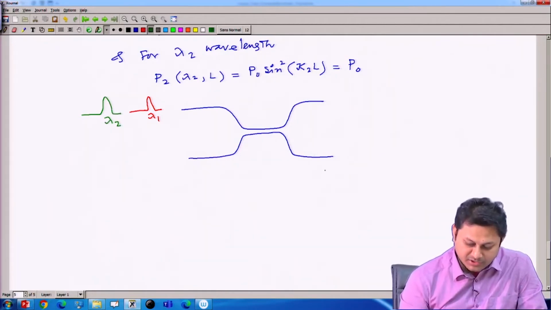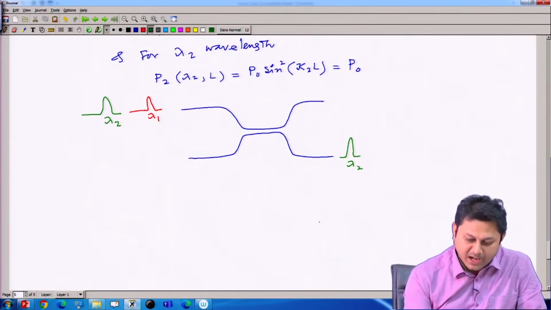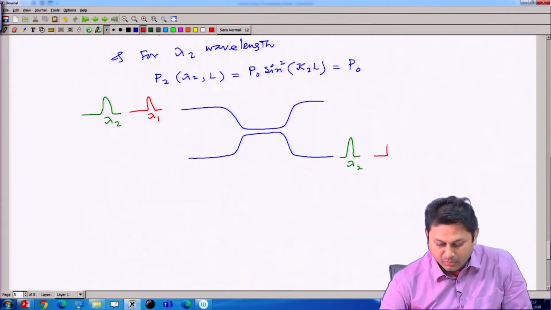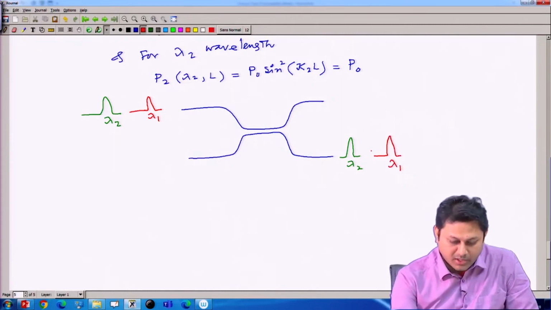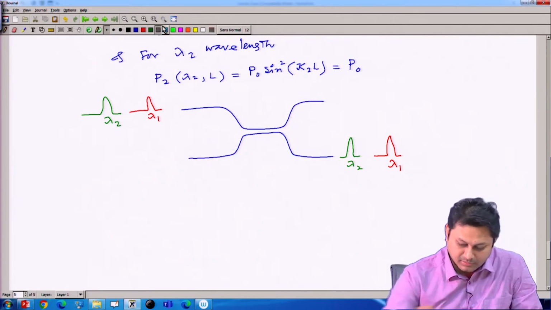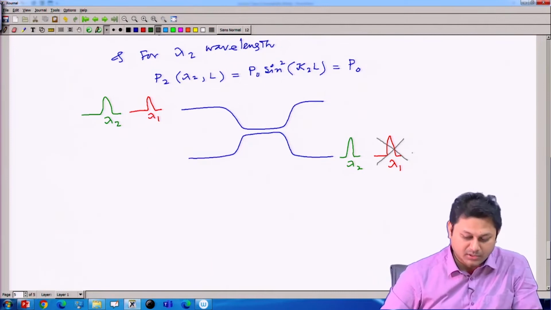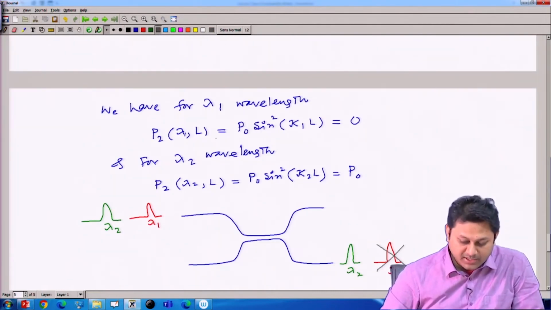In this branch I only have lambda 2, but at the same time I do not want lambda 1. So, lambda 1, if I write, I do not want this. So, these things I should cross. So, I have both the conditions here, the same condition for lambda 1 and lambda 2.